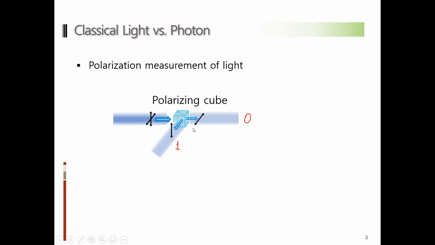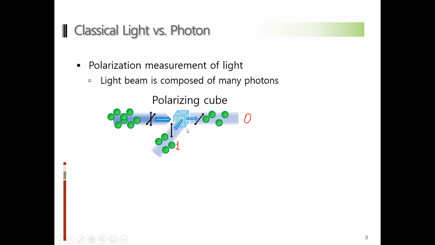However, we cannot claim such a situation because, again, the light is composed of particles. One of the important properties of the photon is that photons generally do not split into two particles. So each particle can either be reflected or be transmitted, and it cannot go between them.